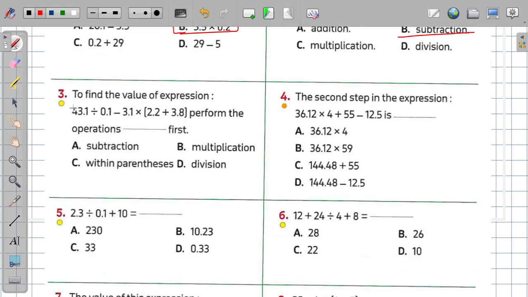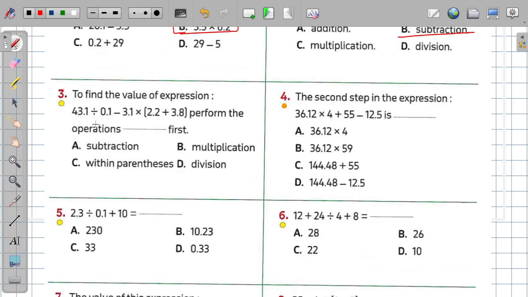Next, I have to find the value of the expression 43.1 divided by 0.1 minus 3.1 multiplied by 2.2 plus 3.8. Perform the operations what first?